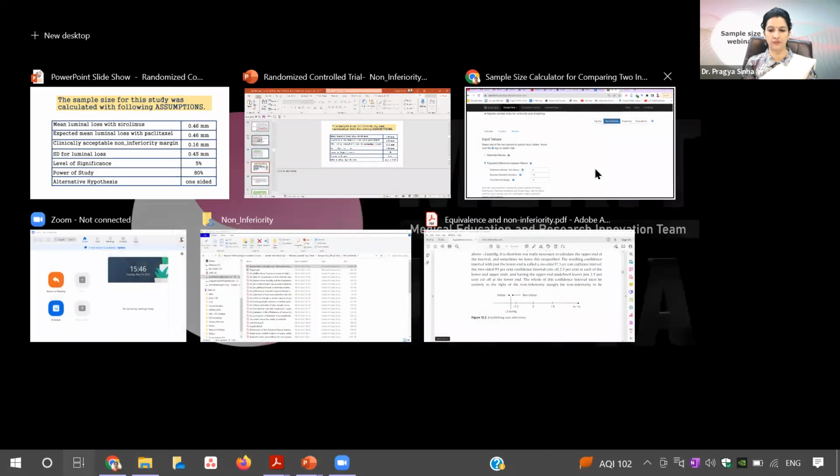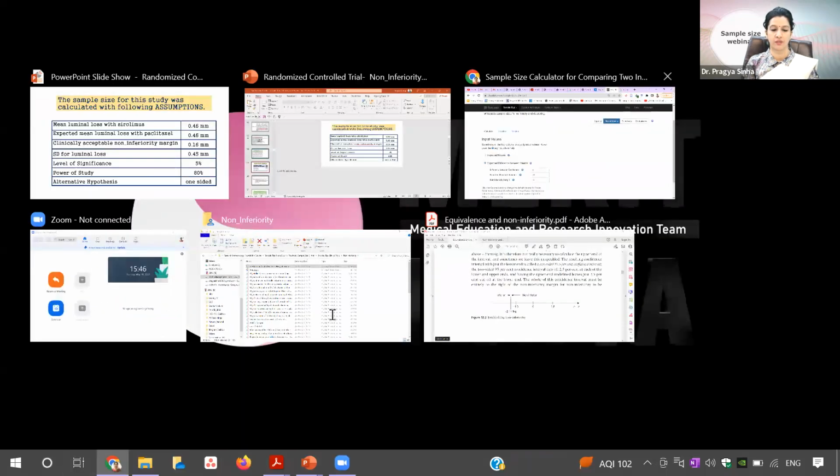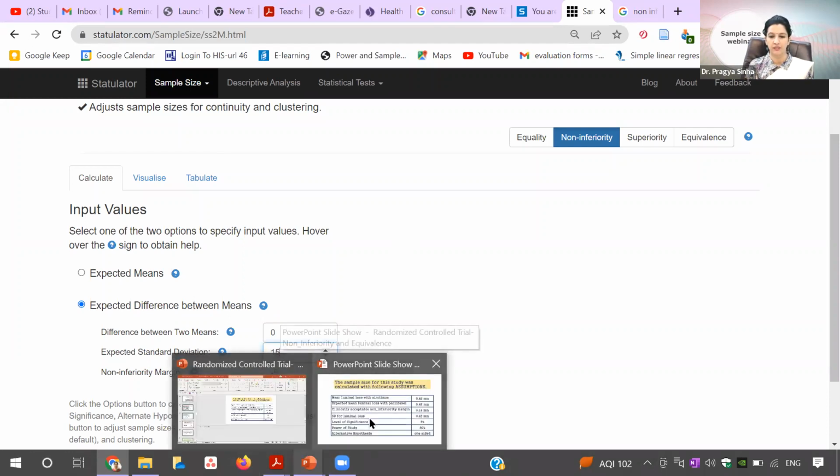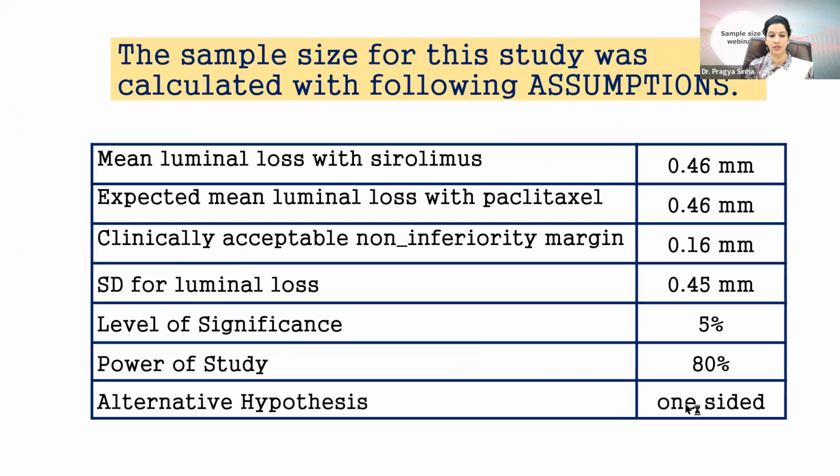to the statulator. So the difference between the means will be 0 here. If you see the difference between the two means, it will be 0. What was the standard deviation? Let me go back, standard deviation was 0.45 and 5% and 80%.